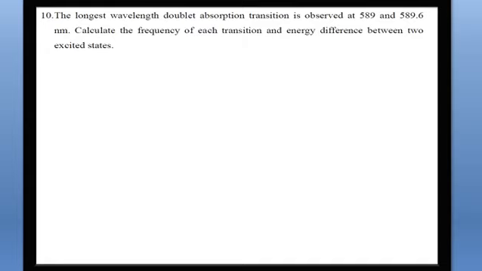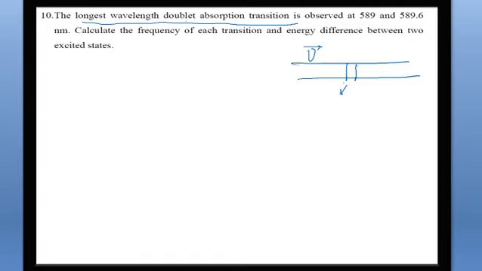So basically what happens is when they say longest wavelength doublet absorption transition, this statement means the energy transition between two lines. This is what? It is wave number. We have discussed this in atomic spectra also.